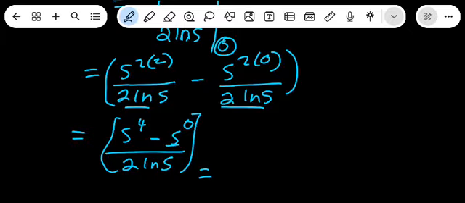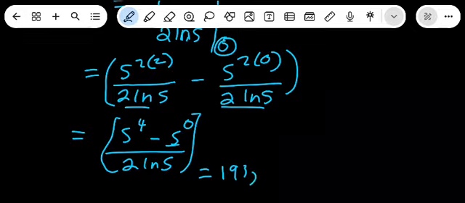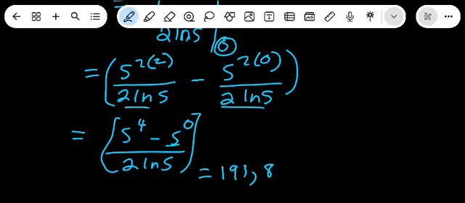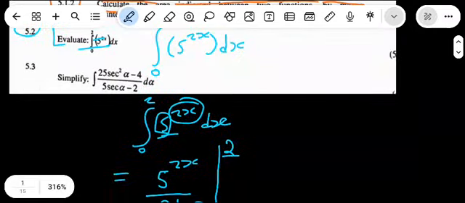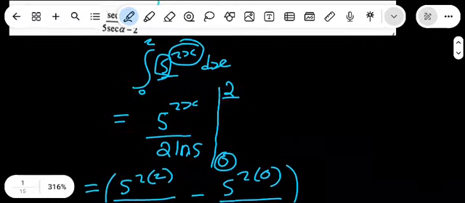This will be a big number, 193.856 square units. It will have square units, or you can say units squared. This is what you'll have there. Yeah, that is what we have there.